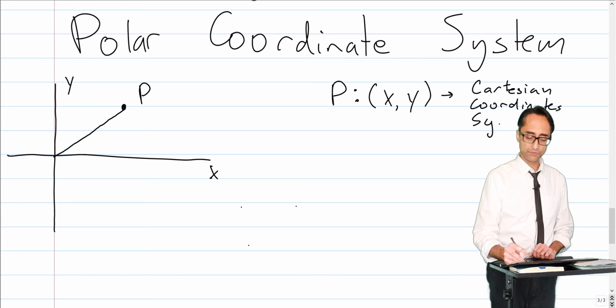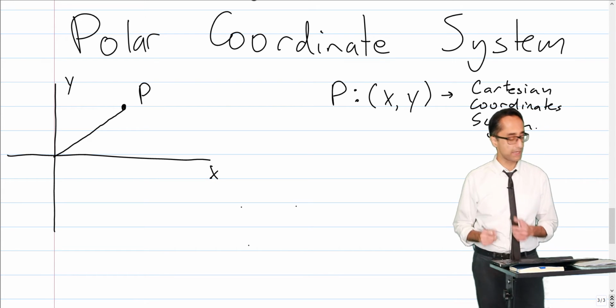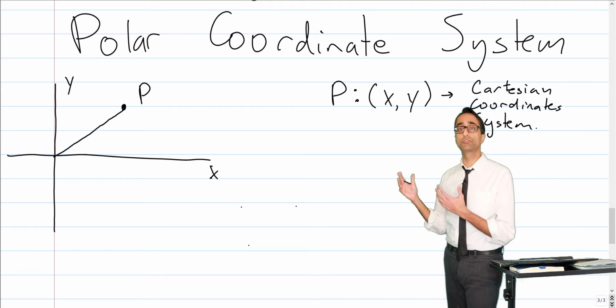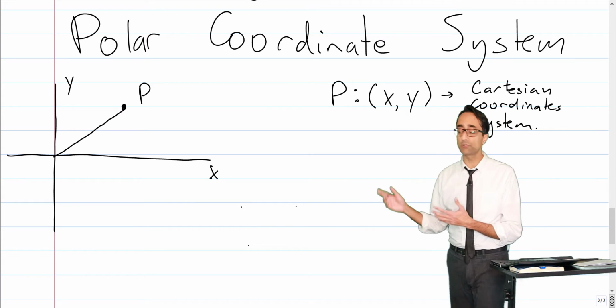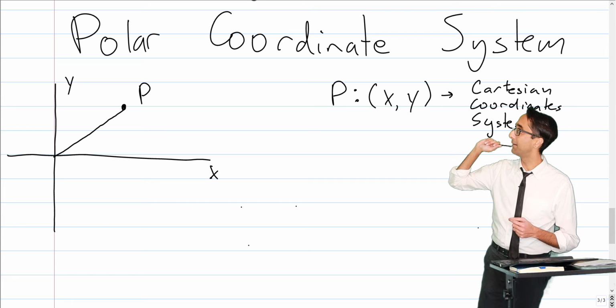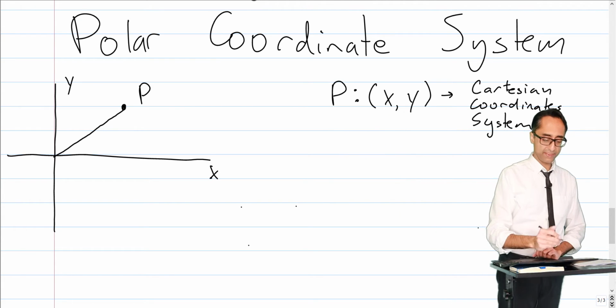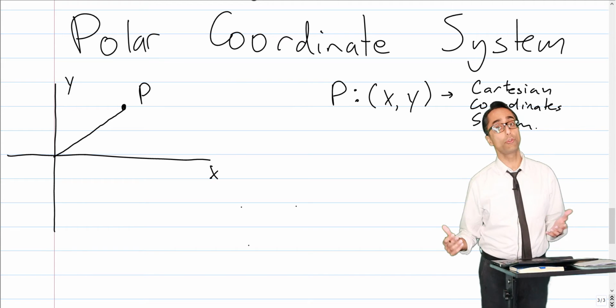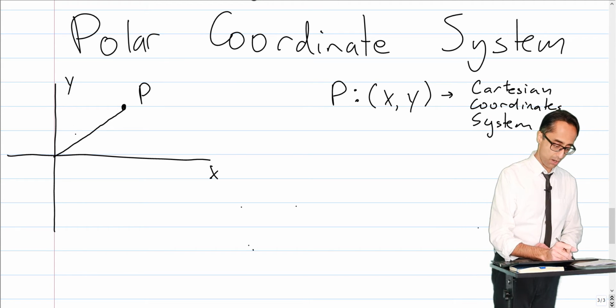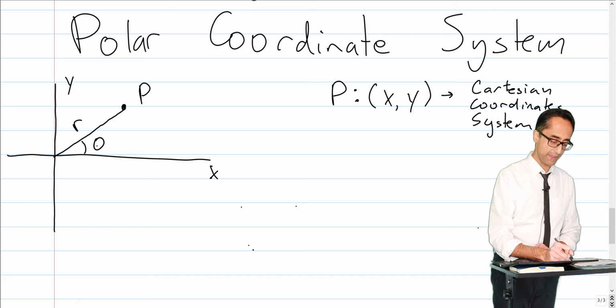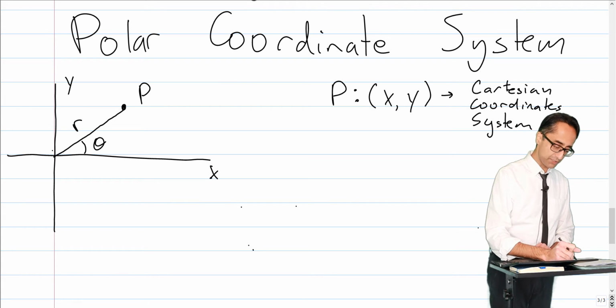All right, so now what I'm trying to tell you is that I could actually describe where P is located a different way. I can describe P's location with a combination of two other terms. For example, R and theta, where R is going to be this distance here.